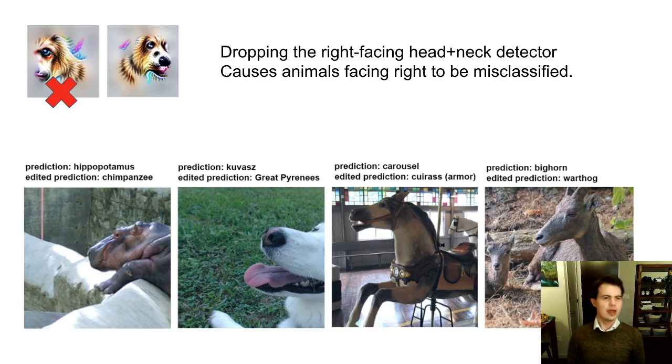For example, we have these left and right doghead pathways, and if we knock out the left-facing doghead detector, all of a sudden we start observing errors for things facing left that are no longer correctly classified. Of course, some other things fail to classify, but prominently we see things facing left suddenly aren't classified correctly. So this kind of editing seems like a really powerful mechanism for verifying that we understand things correctly.